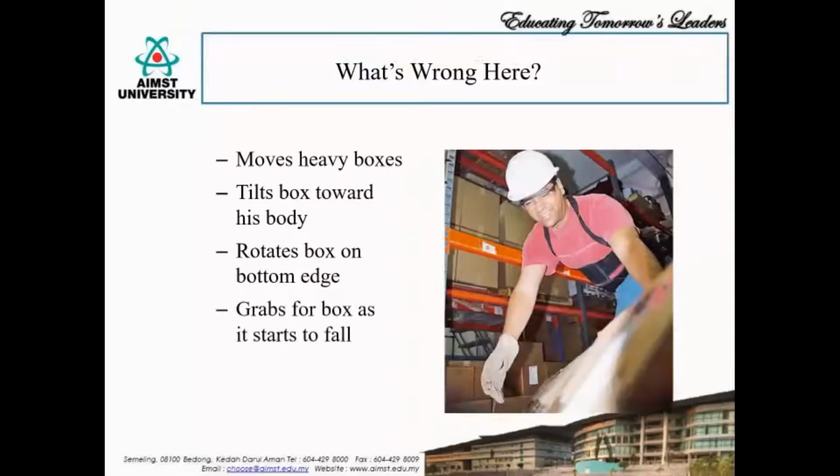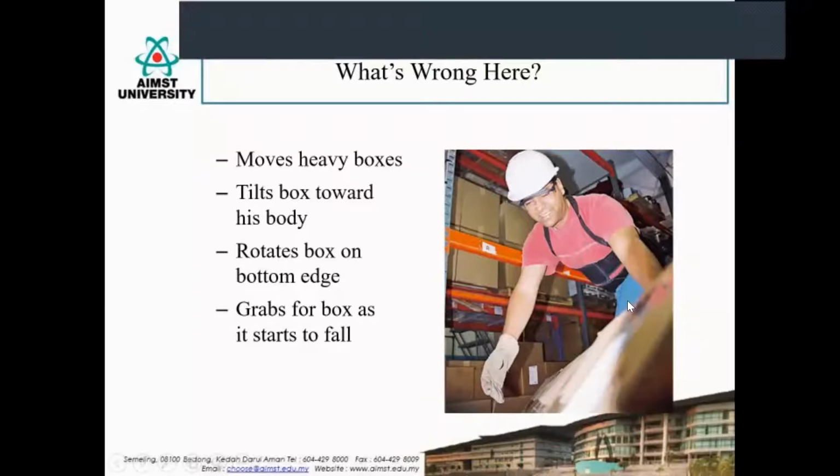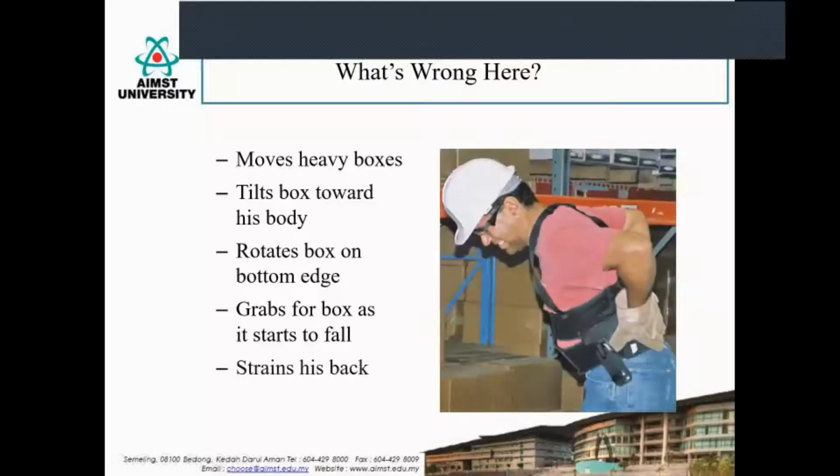Then when the box is falling down, he tries to grab it. When you are grabbing it at this position, you can see the back is completely twisted and bent. When you grab the object in this particular position, it is straight away going to affect the spine. Is that clear? So these are the mistakes you need to avoid to prevent back injury.